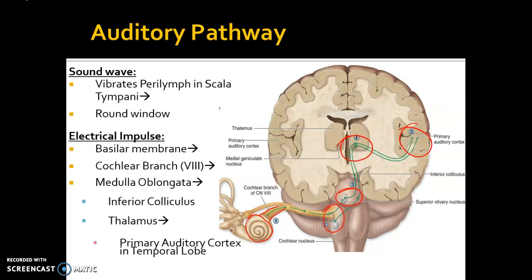From the medulla oblongata, the action potential goes to the inferior colliculi, and from the inferior colliculi, the information goes to the thalamus. From the thalamus, information is ultimately sent to the primary auditory cortex, which is associated with the process of hearing.